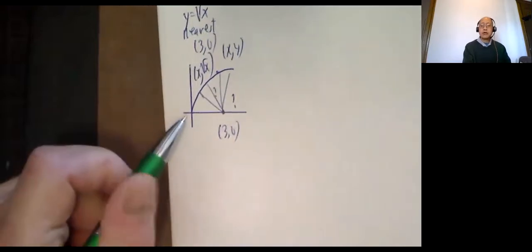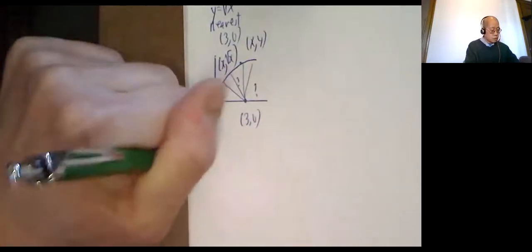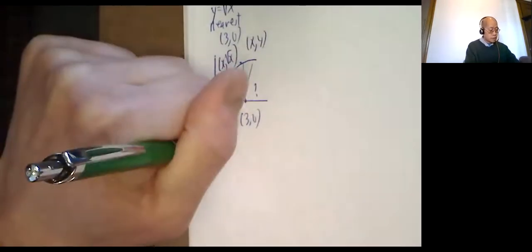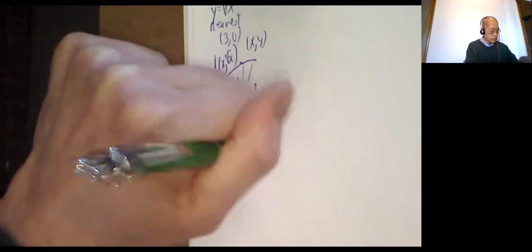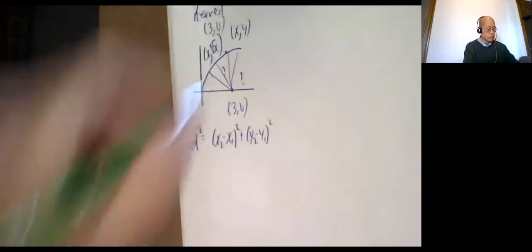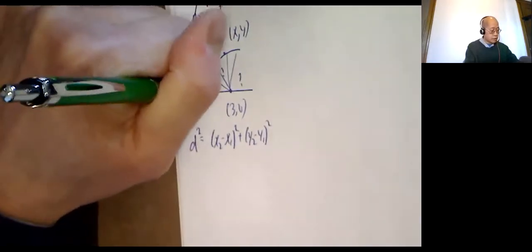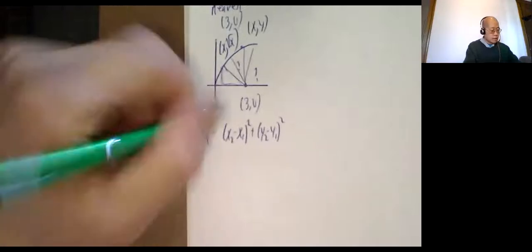Okay. And then I use the distance formula. Okay. So a long time ago, we had a distance formula where distance squared is x2 minus x1 squared plus y2 minus y1 squared. It's basically the Pythagorean theorem. Okay, you could draw yourself a right triangle here and so forth. Okay, but let's just use that here.